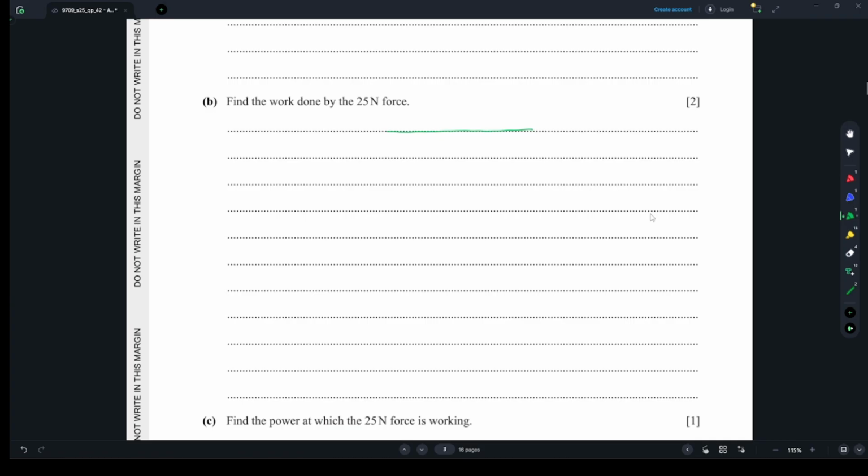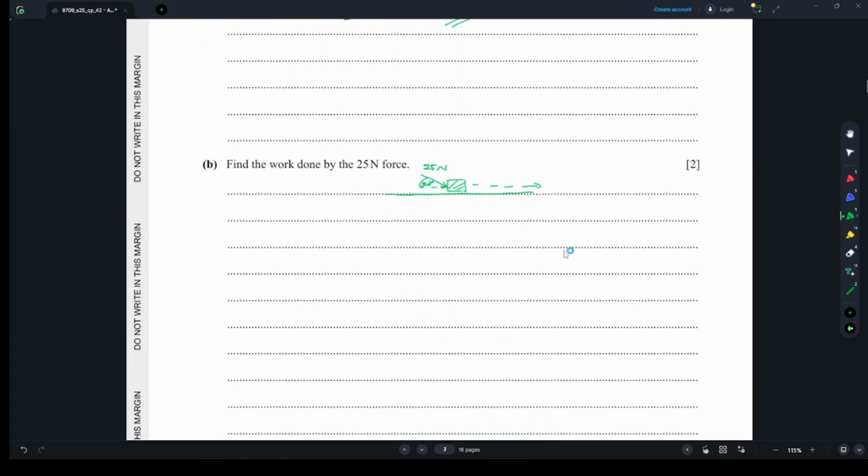We have this horizontal surface and this object, and the force applied at 20 degrees with the horizontal. The force is 25 Newton, and then it travels 12 meters.